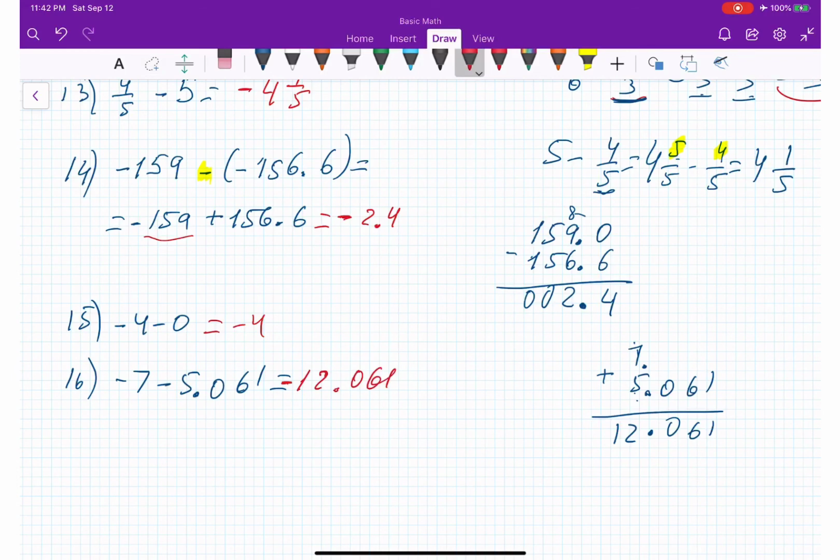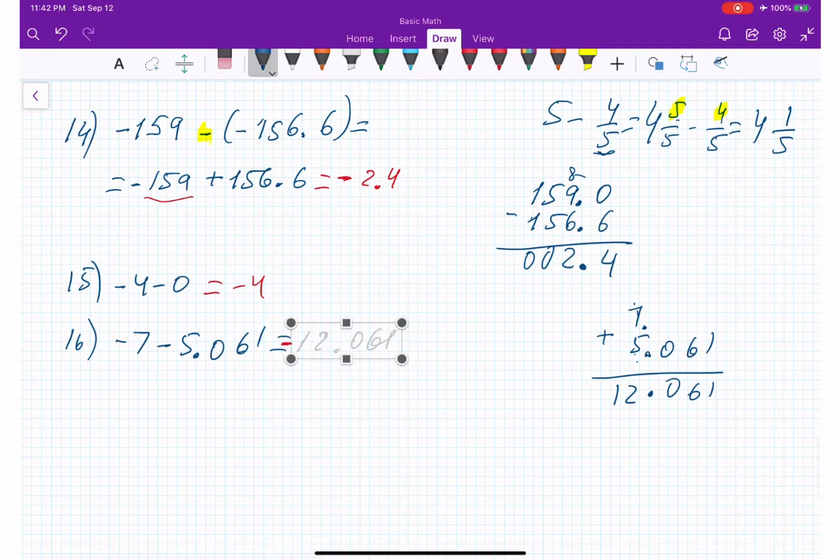17. Subtract negative 4 from 8, which means negative 8 minus negative 4.